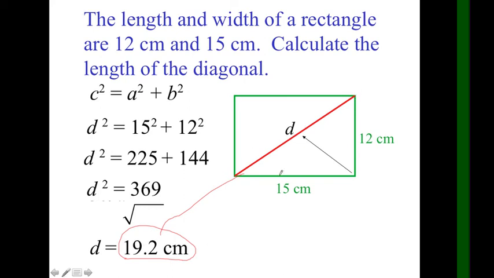So kapag yung answer mo, when you're getting the hypotenuse, pero mas maliit kaysa dun sa isa sa mga sides nito, ibig sabihin there's something wrong with your answer because the hypotenuse should be larger than the two legs of the given triangle. Remember that, no? Dapat mas mahaba siya. Okay?